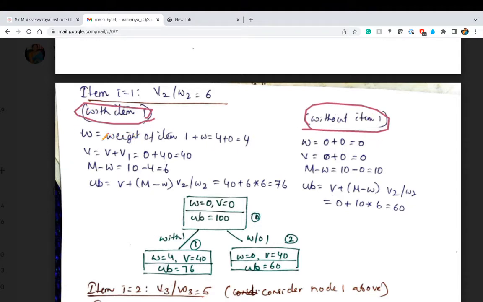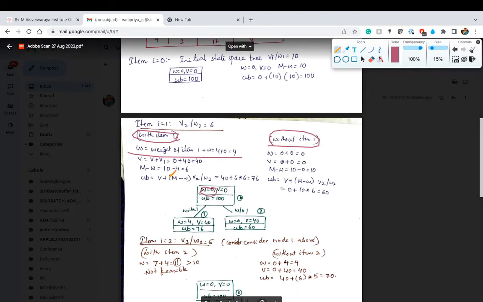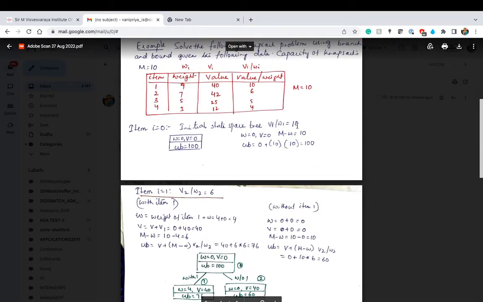Now what is the weight if you are including the first item? Earlier, W is equal to 0. Now after including the first item, the total weight must be the weight of the first item. What is the weight of the first item? 4. And till now the weight is 0. So total weight will be 4.